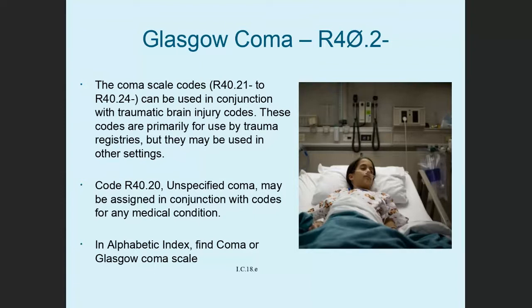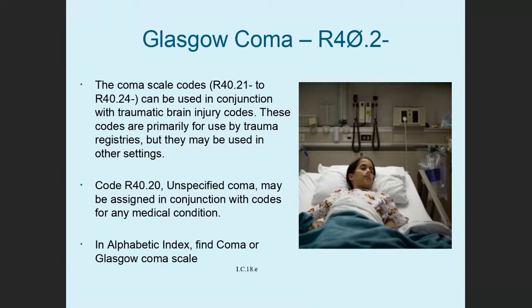A clarification was added for 2022 that R40.20 may be used with other medical conditions resulting in comas. So it says coma scales can be used with traumatic brain injury codes. These codes are primarily used for trauma registry, but they're also used in other cases.